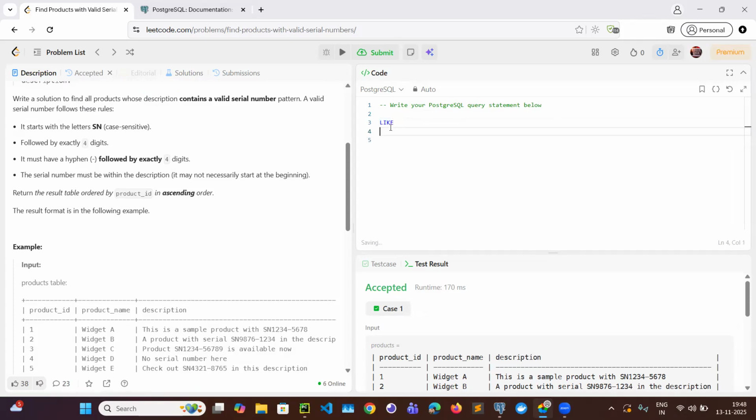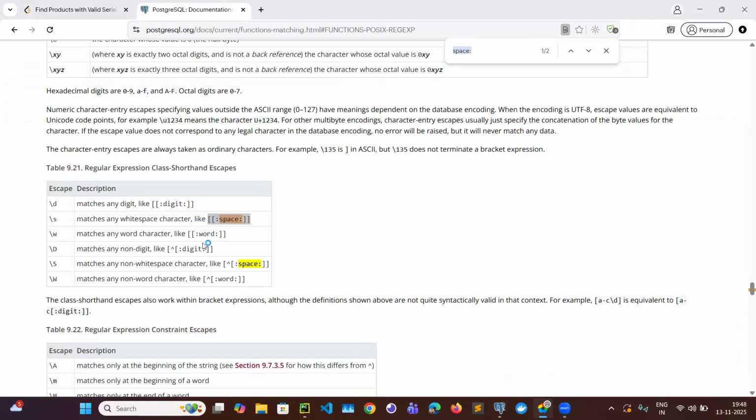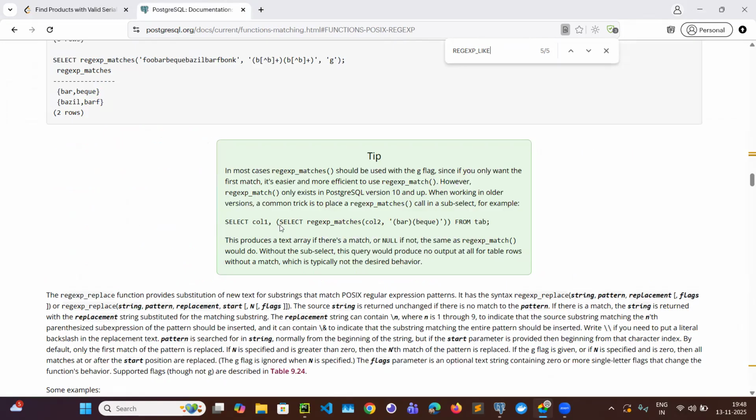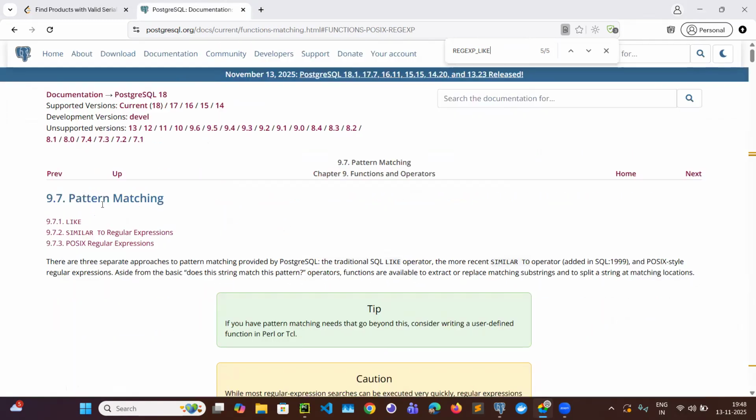If we have to use a regular expression, we have another function, REGEXP_LIKE. LIKE is normal, which we use in day-to-day life. But we have another function, REGEXP_LIKE, and it falls under the same category of pattern matching.